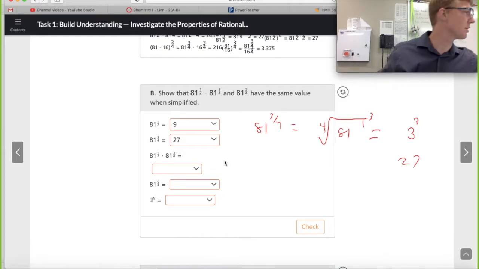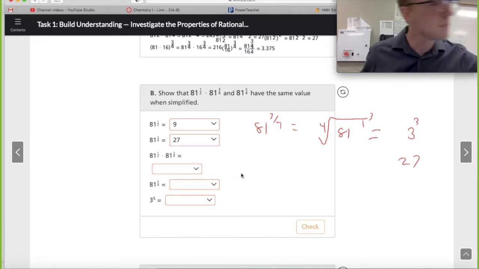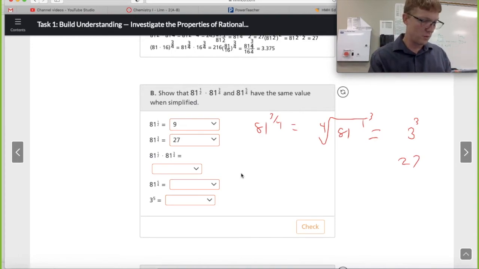I lost my calculator, so I guess I'm not using a calculator. So when we multiply those together, what is that? 27 times 9 is equal to 243.